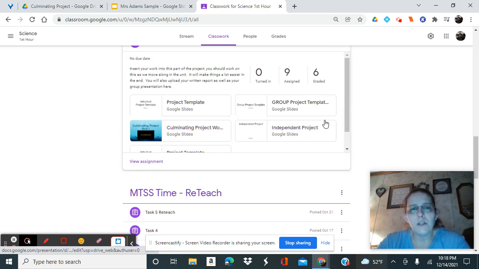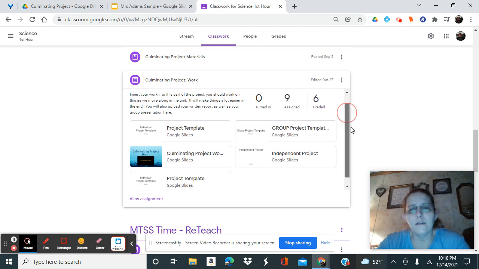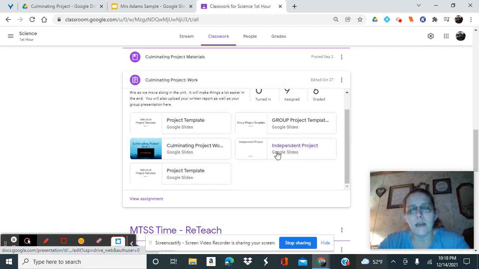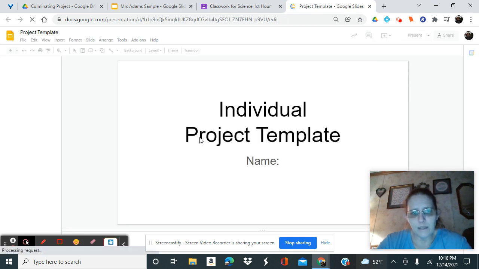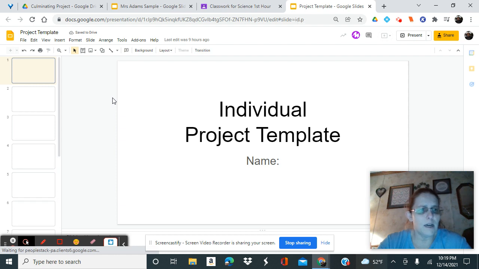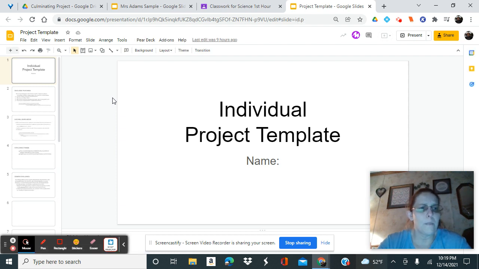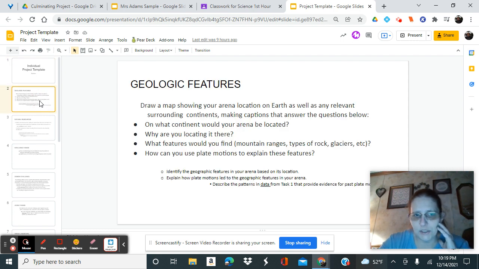In the Culminating Project Work, this is the independent project template that I gave to you, and there's a couple of templates here. So there's the project template, and this is basically the template of what I used just now.